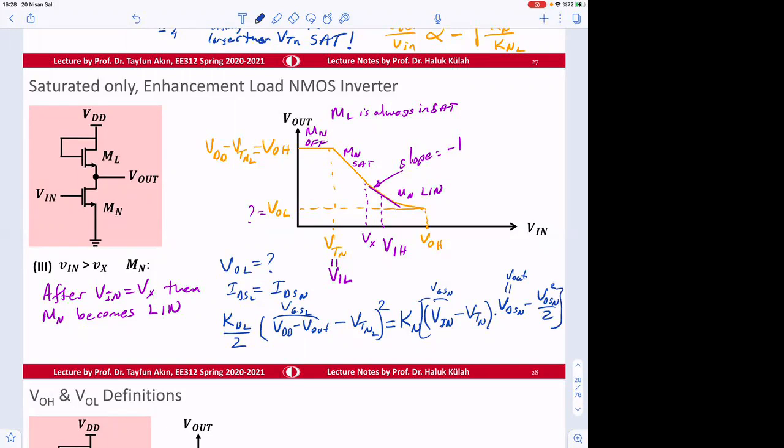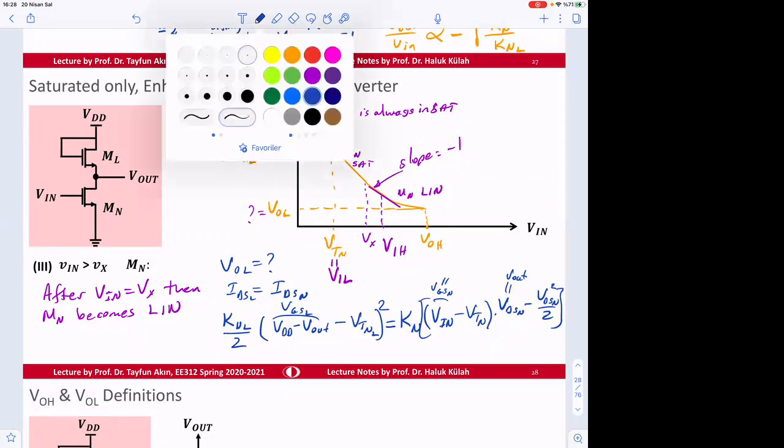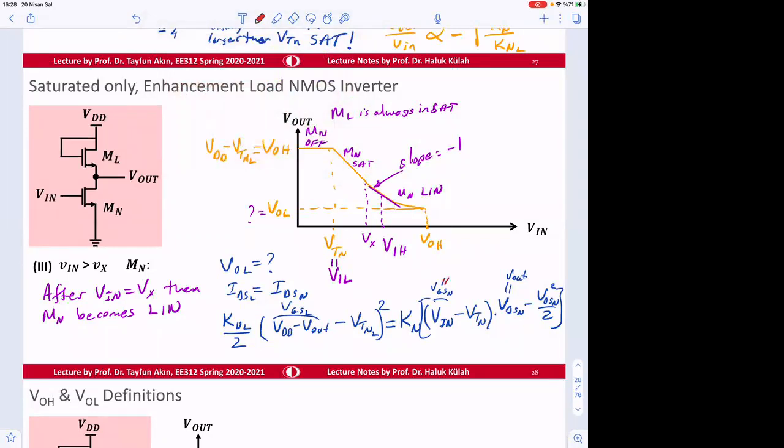So what should be the input voltage? This is the input voltage, right? So when this is equal to VDD minus VTN of L, then the only unknown is V out.